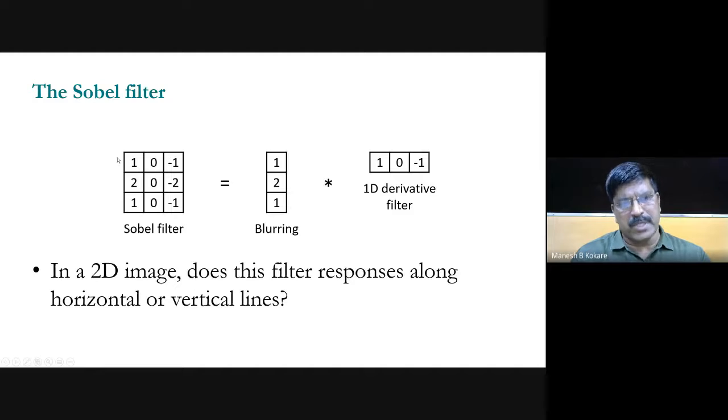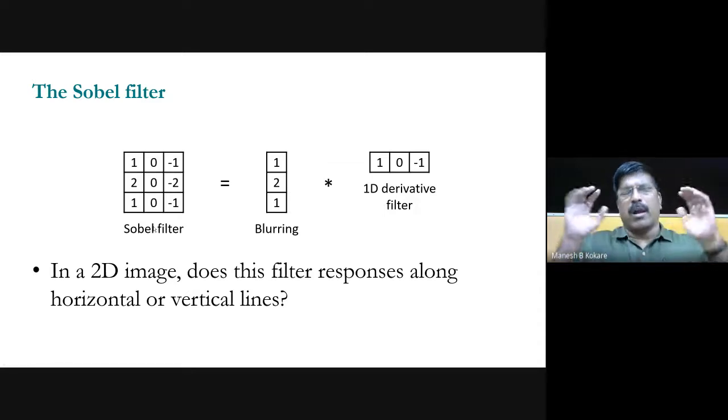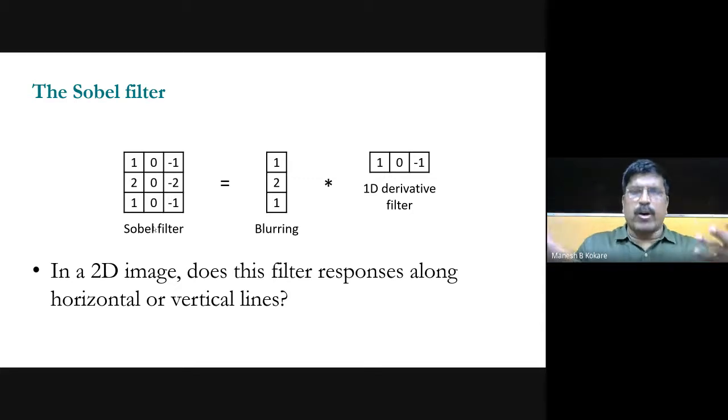We will take all those operators, the Sobel operator, the Prewitt operator and the Kirsch operator, in detail in our next lecture. After that we can see the Laplacian of Gaussian and the Difference of Gaussian, and then in a third lecture maybe we'll take the Canny edge detector and so on.